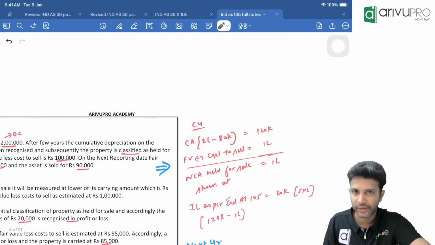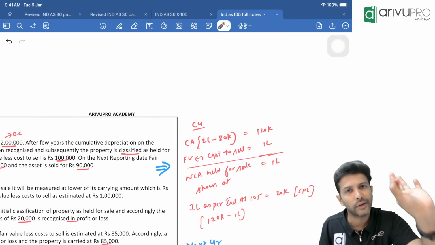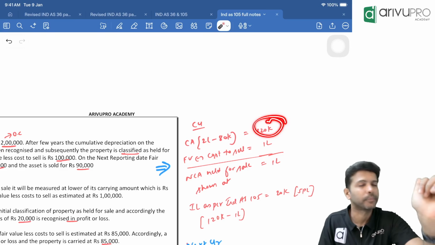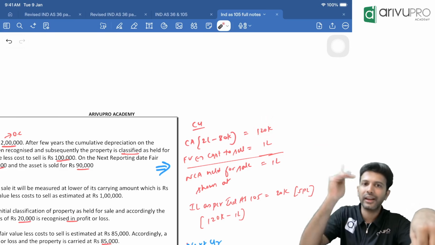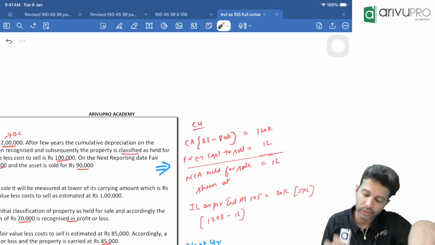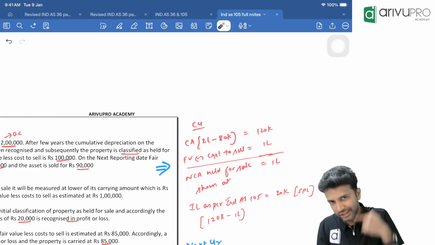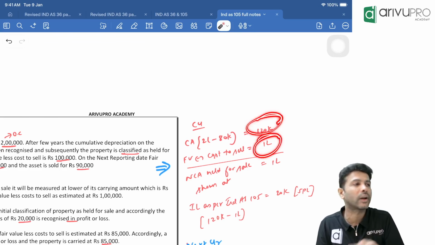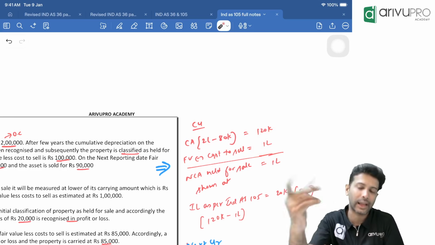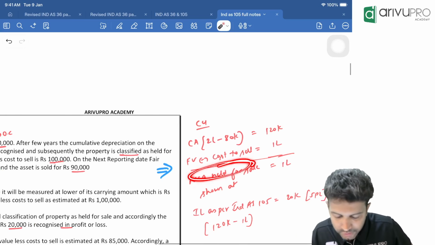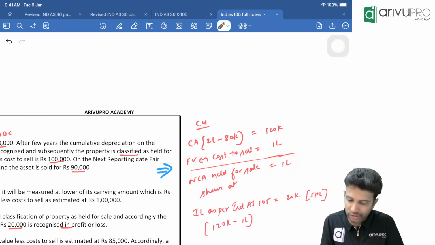On the day of classification, we need to find the carrying amount. That is 120. On the same day, the day Ind AS 105 is first applicable, we need to find fair value less cost to sell. It is given to be 1 lakh. So this asset will be measured at 120 or 1 lakh, whichever is lower. Which is lower? 1 lakh. So this non-current asset held for sale will be shown in your books at 1 lakh.